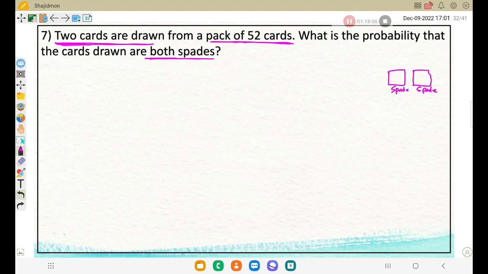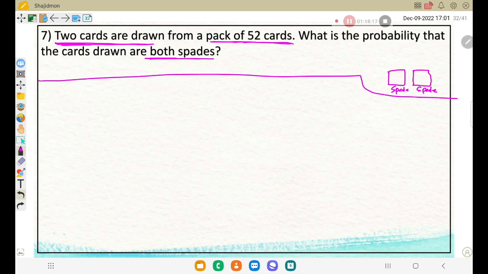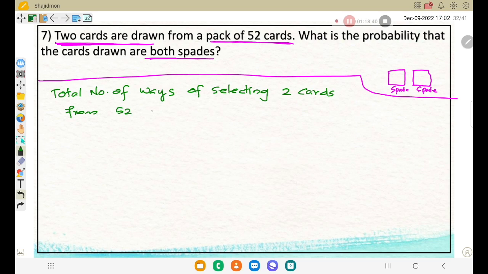So here, when we are choosing 2 cards from 52 cards, how many ways can we choose? That is the number of elements of the sample space. So that one we first need to be careful about. I can write here: total number of ways of selecting 2 cards from 52 cards equals, that means we need to choose or select.